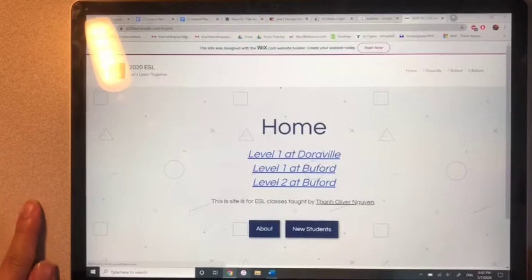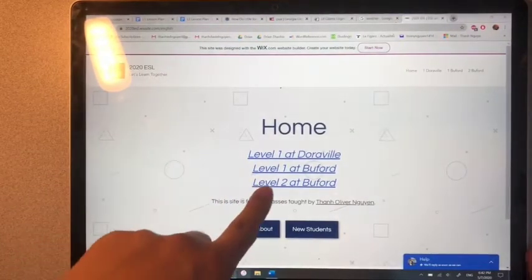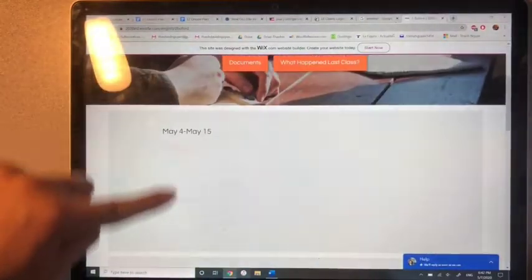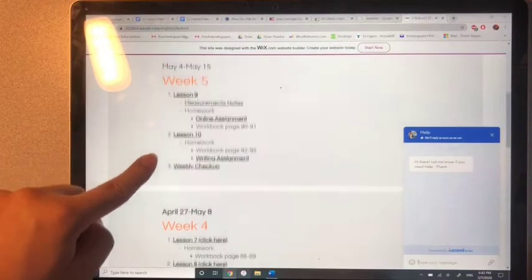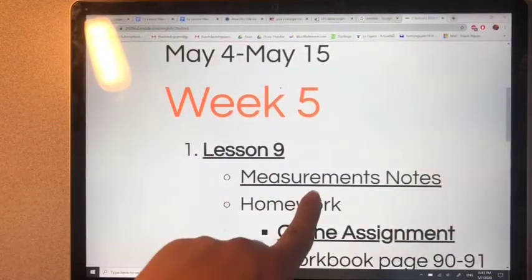All right, now I want you to look at your measurements notes. You can find the measurements notes in your class. In week 5, under lesson 9, look for the words measurements notes.